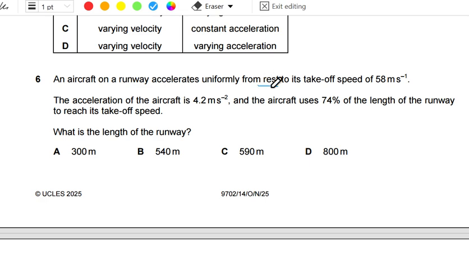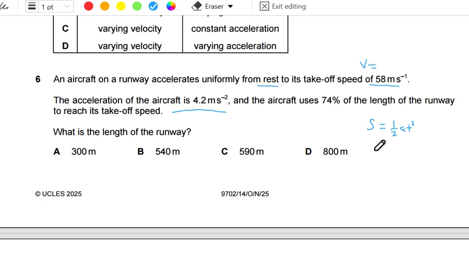Okay, we have from rest here the takeoff speed, which is the final speed for the aircraft. We have acceleration, and we have some length required. We can't use S equals half a t squared because we don't have any reference for the time.